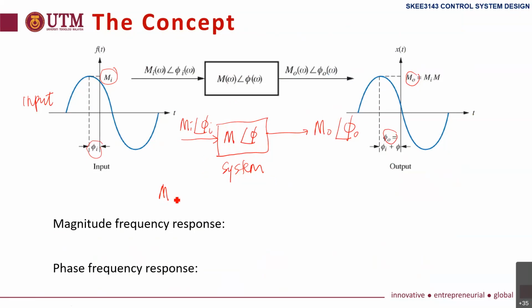So the input M in, phi in, multiplied with the system M, phi, will give the output M naught, phi naught. It's similar to G(s) multiplied with the input.